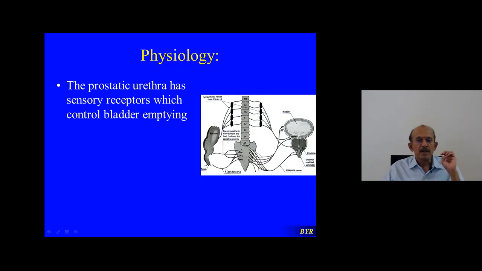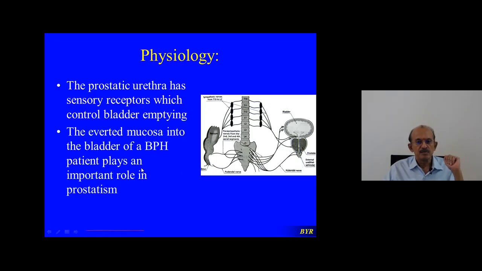So the patient gets an urgent feeling to micturate because of this prostatic urethra being introverted into the bladder. So this everted mucosa into the bladder of a BPH patient plays an important role in symptoms of prostatic hypertrophy.